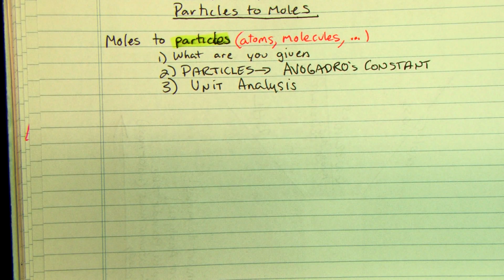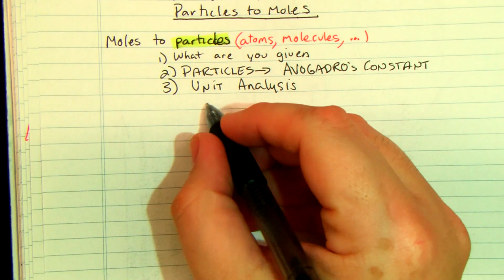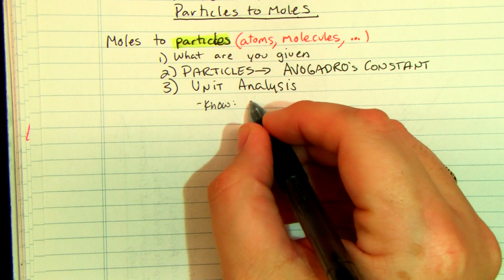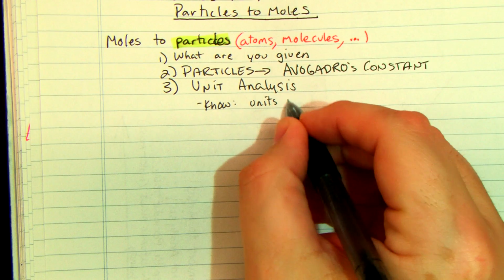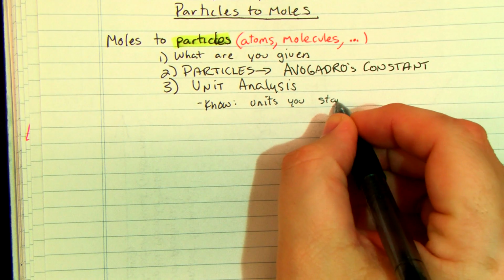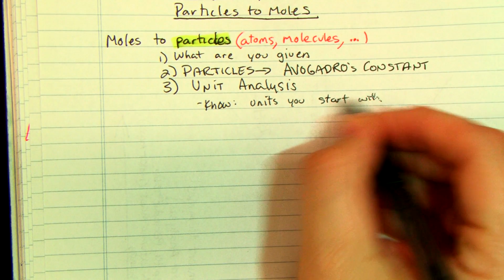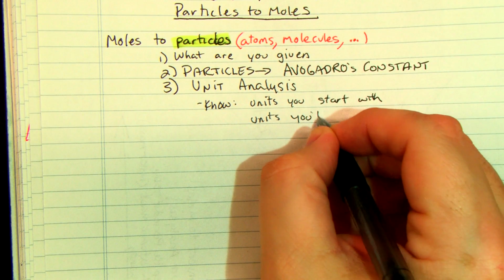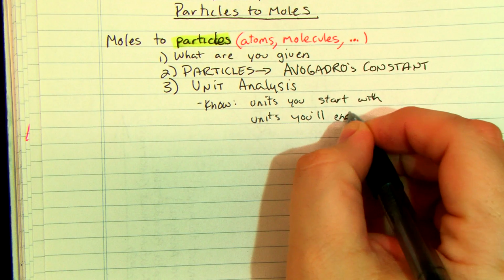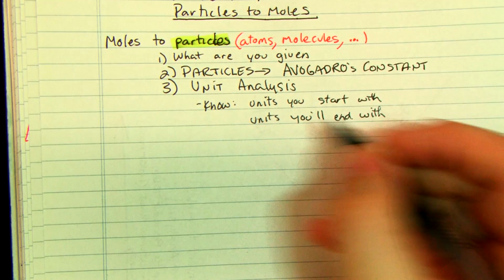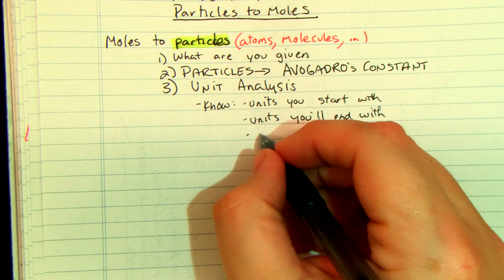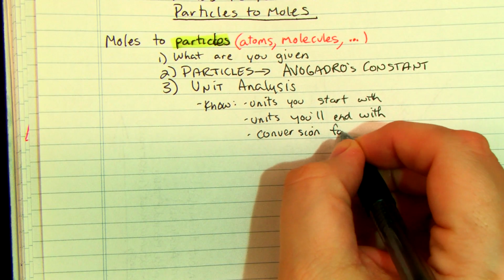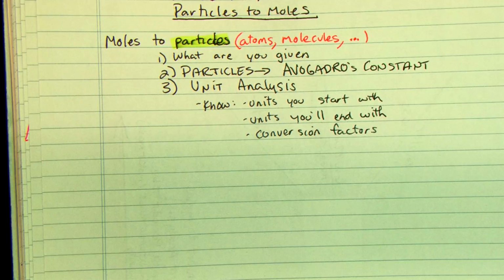All you have to do with unit analysis is, here's what you need to know: the units you start with, the units you will end with, and conversion factors. That's all you're ever going to need.